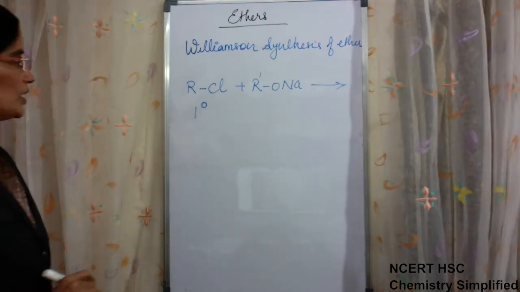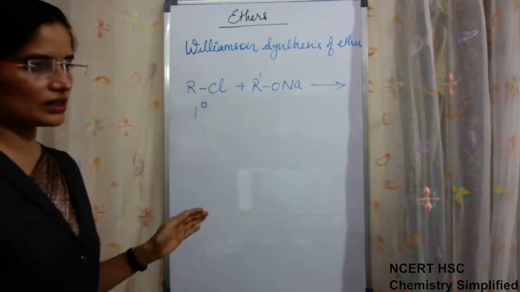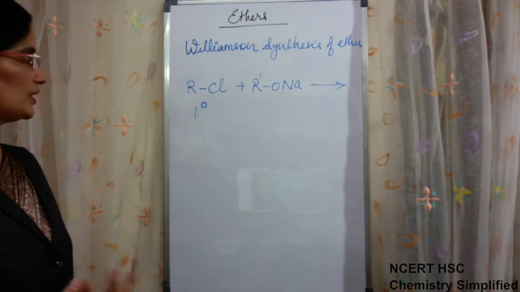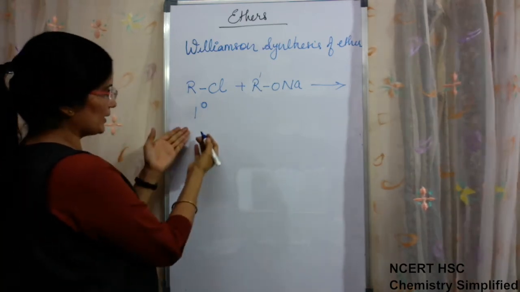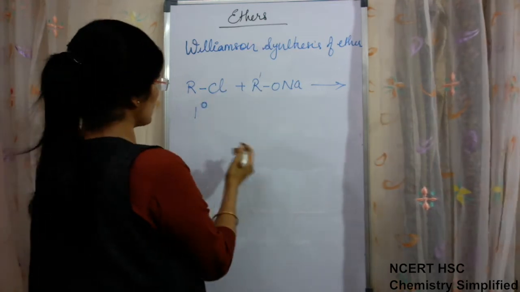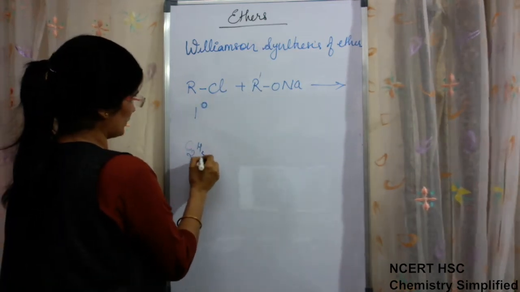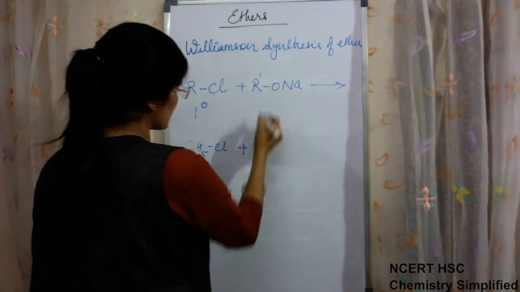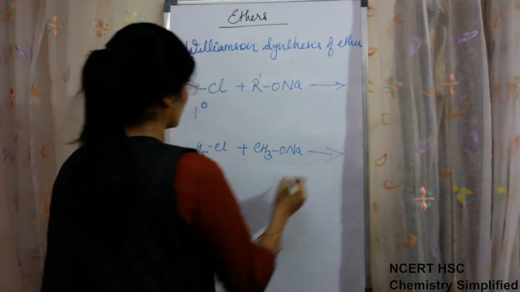Okay, so 1 degree. Now in case we have to prepare ethers which are 2 degree or 3 degree, in that condition what to do? Suppose let me take an example when this alkyl halide is 1 degree. So I am writing C2H5Cl plus CH3ONa. Okay.